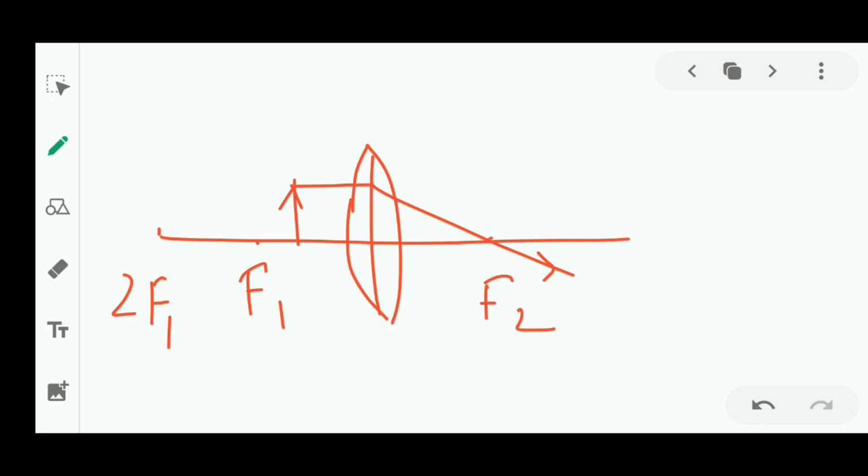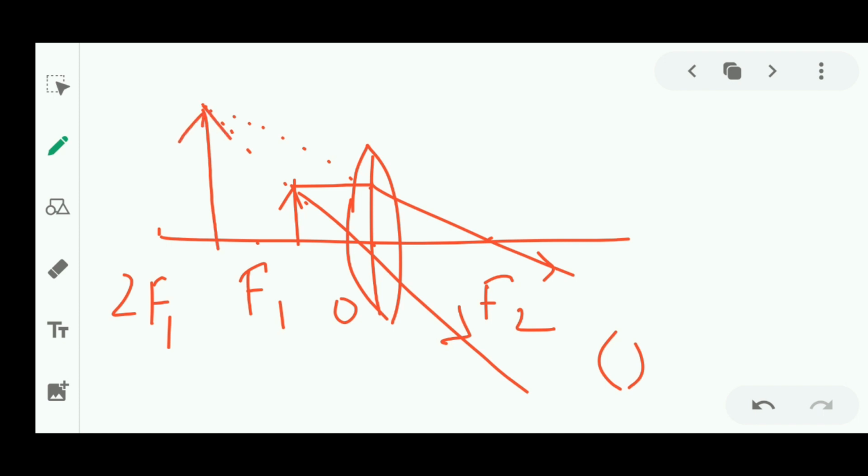But a ray which is directed towards the optical center will go like this. So they appear to diverge from a particular point, they are not converging. When you see from this side, they will appear to diverge from a particular point, and that point will be like this. So we will get an image over here.